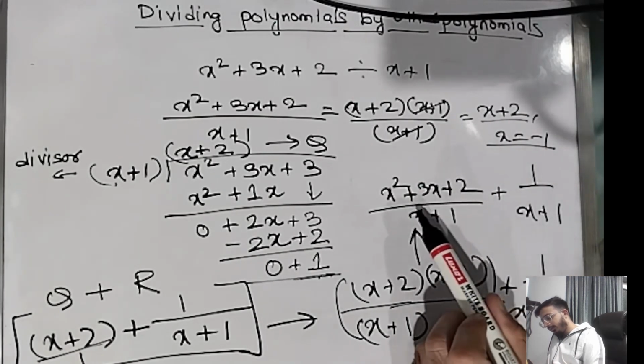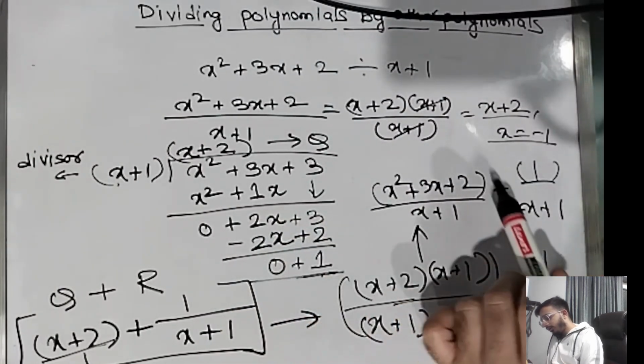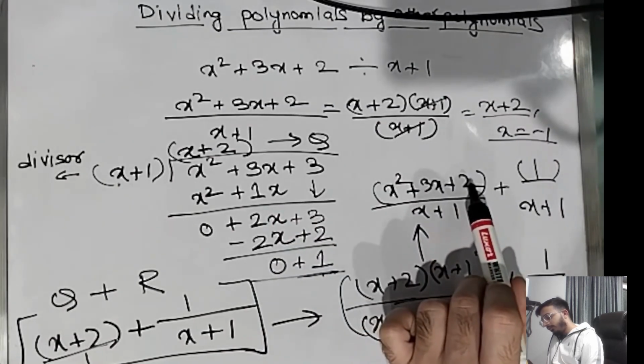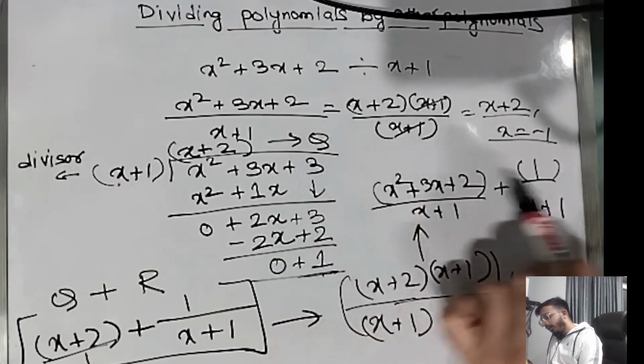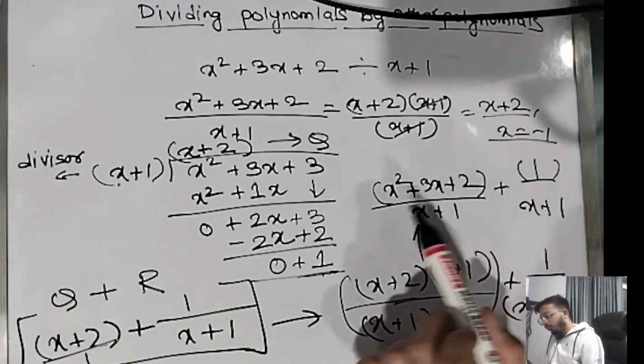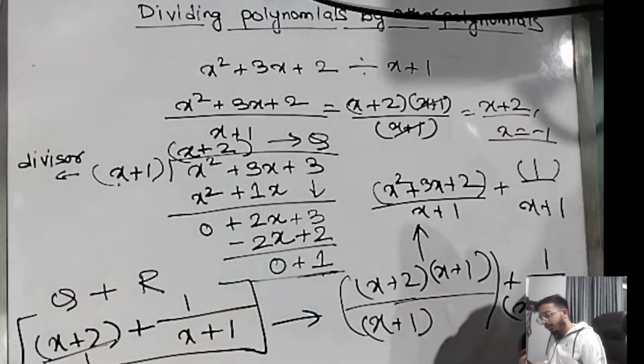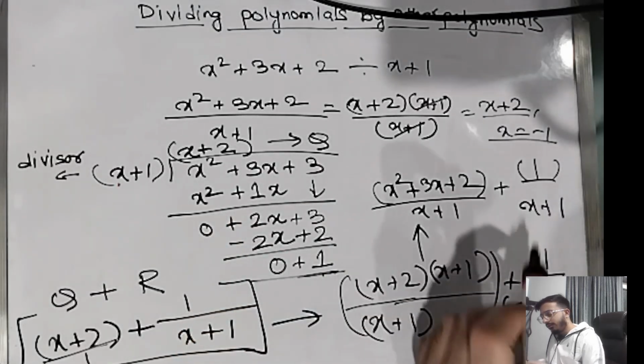So this is nothing but this term split: x square plus 3x plus 2, and the 3 here has got split into 2 and 1. So both the factorization and the method we used here bring us to the same answer, right? And they are very closely related.